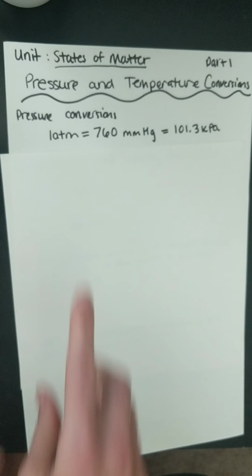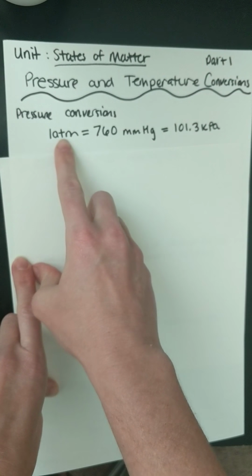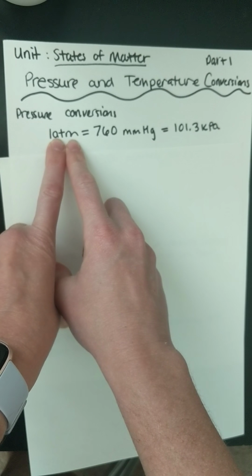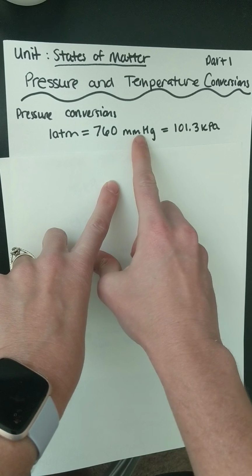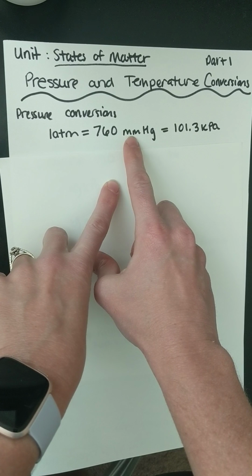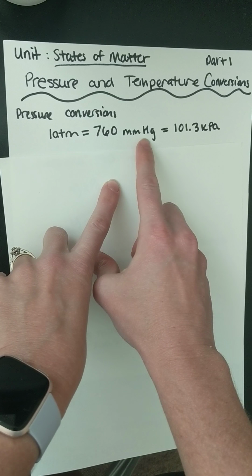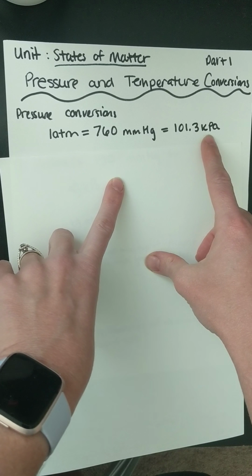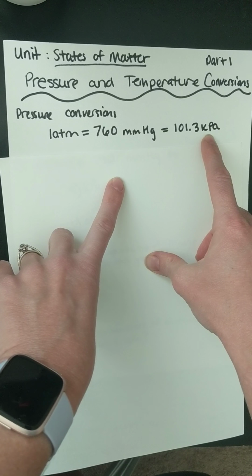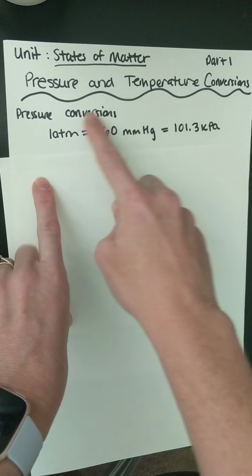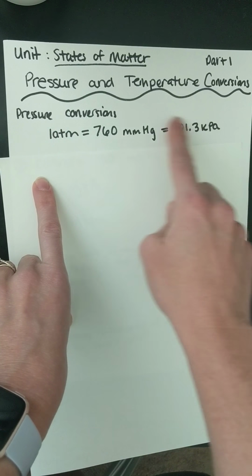The first type is you have 1 atmosphere. So this represents atmospheres. This unit represents millimeters of mercury. This one represents kilopascals. So these are all different types of pressure conversions.